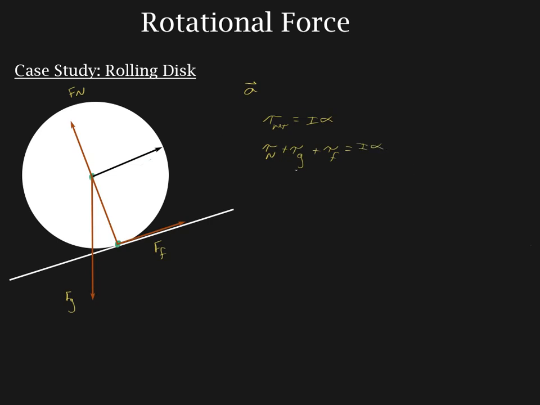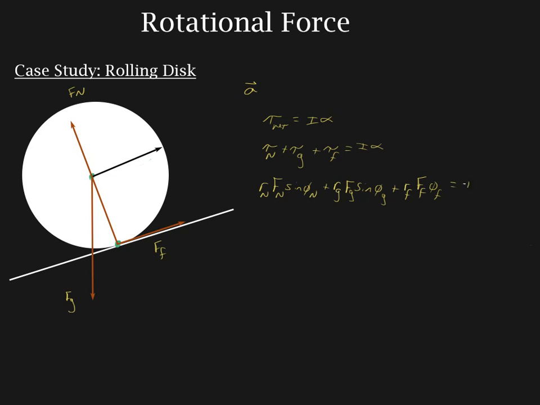Now let's redefine our torques using our definitions, and then we will look at each variable one at a time. That's important to not missing anything. So we have R for the normal force, F normal times the sine of phi normal, plus R gravity, F gravity times the sine of phi for gravity, plus R friction, F friction times the sine of phi for friction.